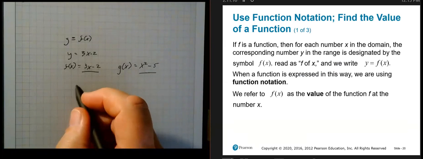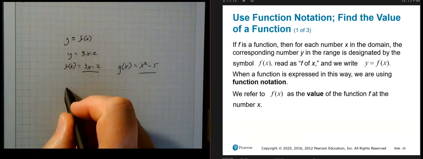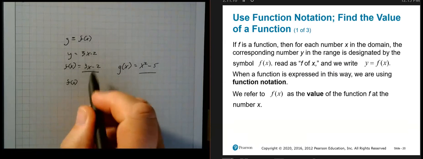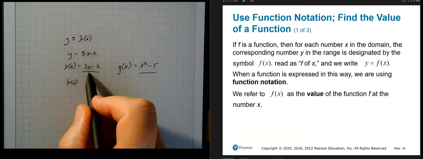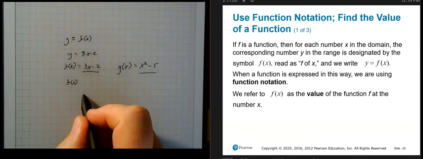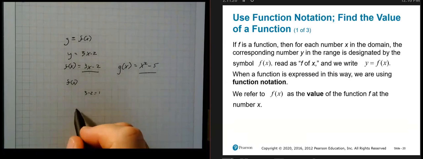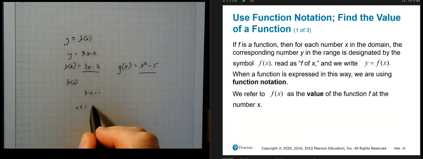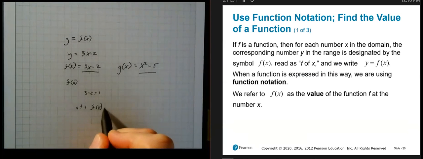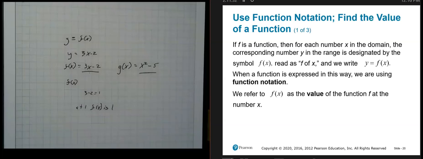So if I do f of x and I do it at 1, when I put 1 in for x, I get 3 minus 2, which is 1. So at 1, f of x is 1. Or 1 is the value of f at the number 1.